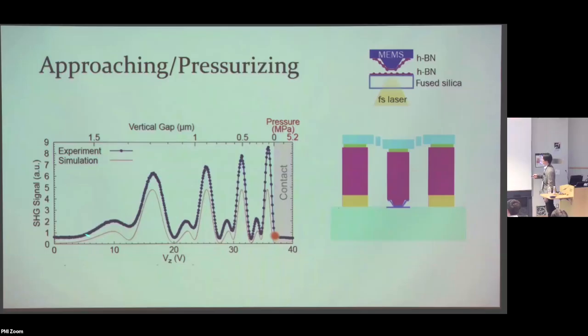So every time the signal oscillates by one period, that corresponds to exactly half of the wavelength of the laser we use to excite. But we can use this to very accurately calibrate how far the two pieces of 2D materials are from each other. And as you can see here, once they touch, then the signal stops changing, right? And above that point, you're basically starting to apply pressure, which we haven't really tried to press very hard, but you can in principle push it up to hundreds of megapascals or even gigapascals using this method.